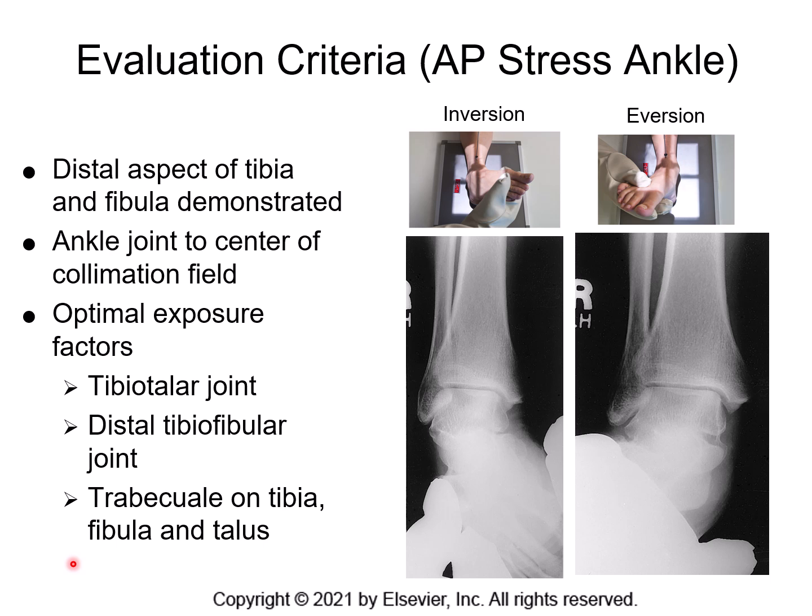So it says here we're looking for the tibiotalar joint, distal tibiofibular joint, and trabeculae on the tibia, the fibula and the talus. That's for the exposure factors here. I would say if you want to narrow it down, this is really about our exposure factor.